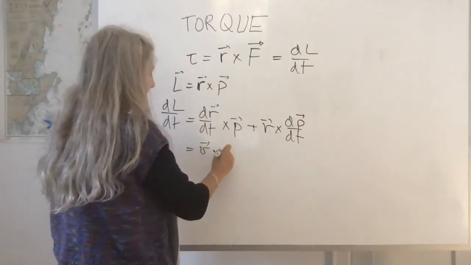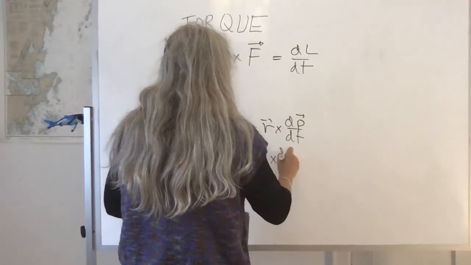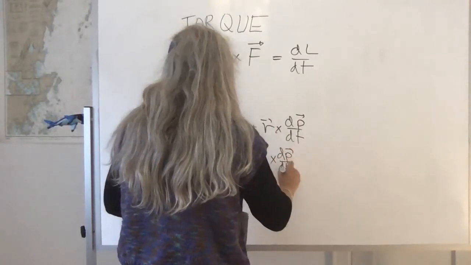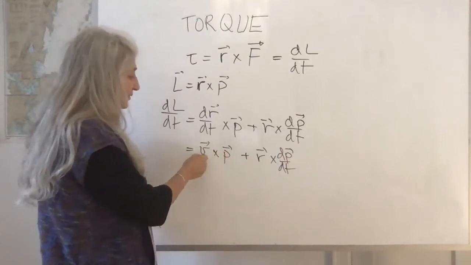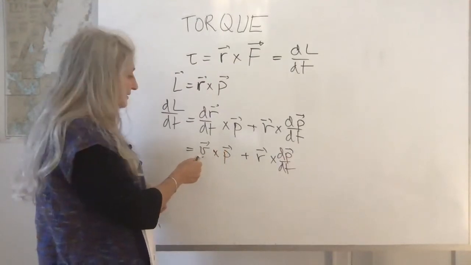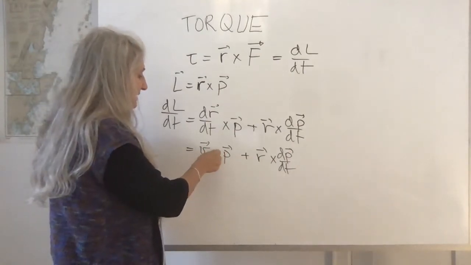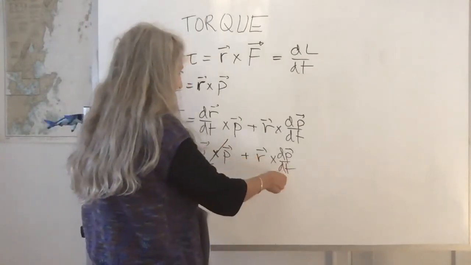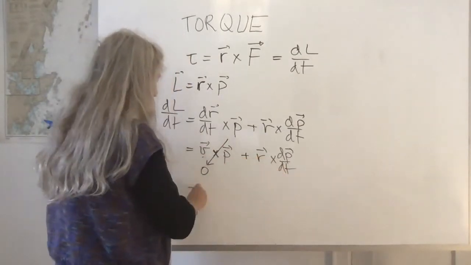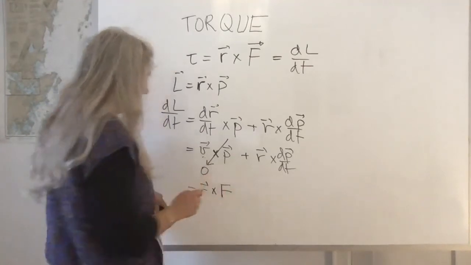So this is v cross p plus r cross dp/dt. p is always in the same direction as v. In the classical setting, p is mv. Since these are in the same direction, the cross product is 0. And dp/dt is equal to F. And so this is equal to r cross F.